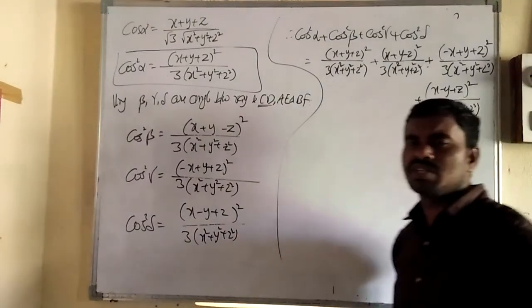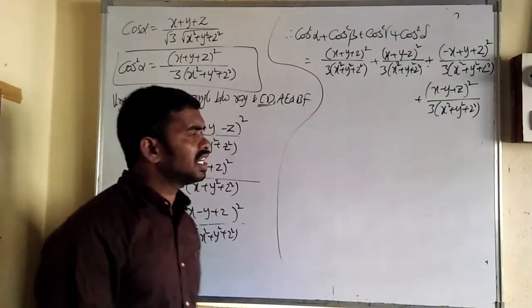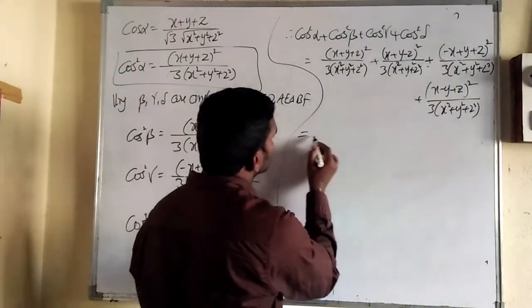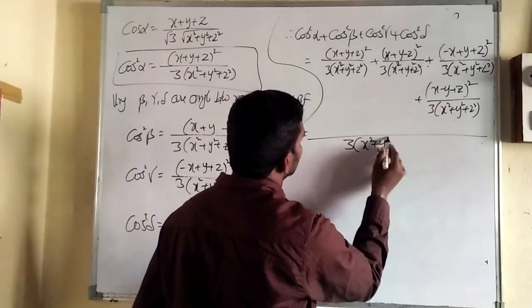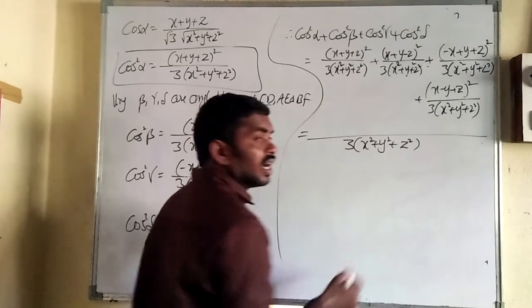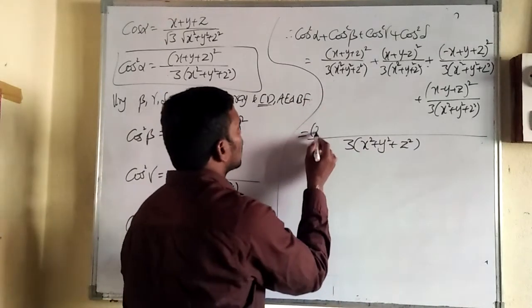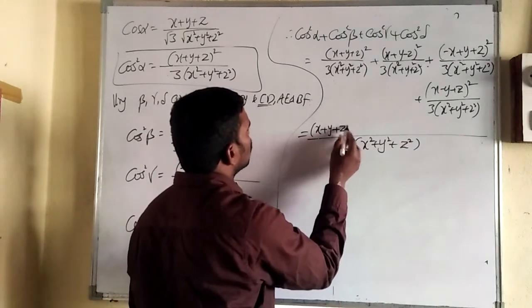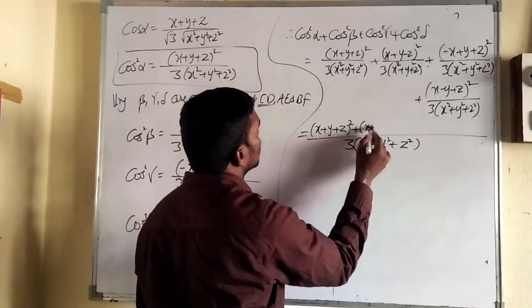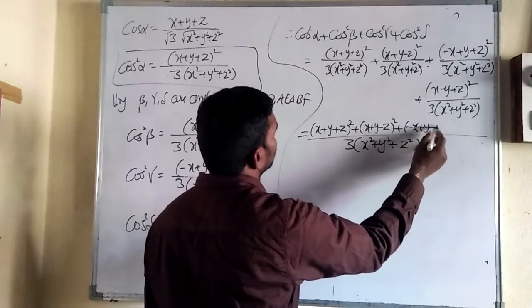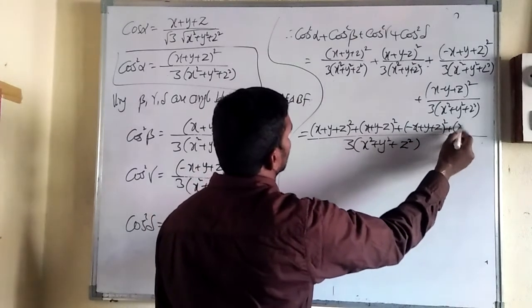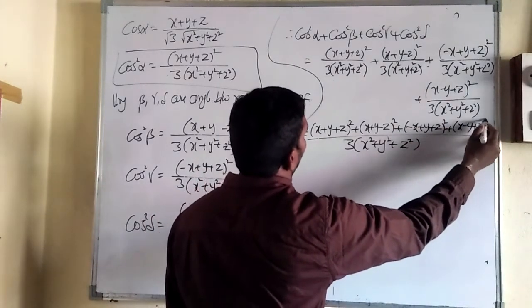In all terms the denominator is the same. Am I right? So we can take the LCM as 3 into (x square + y square + z square), and the numerators are (x + y + z) whole square, (x + y minus z) whole square, (minus x + y + z) whole square and (x minus y + z) whole square.